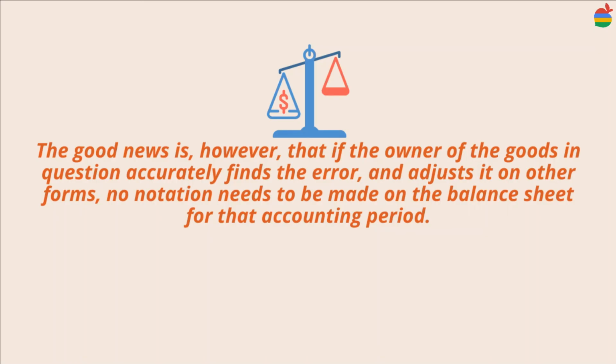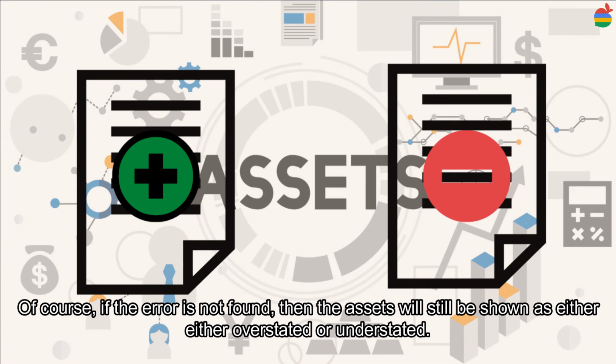The good news is, however, that if the owner of the goods in question accurately finds the error and adjusts it on other forms, no notations need to be made on the balance sheets for the accounting periods. Of course, if the error is not found, then the assets will still be shown as either overstated or understated.